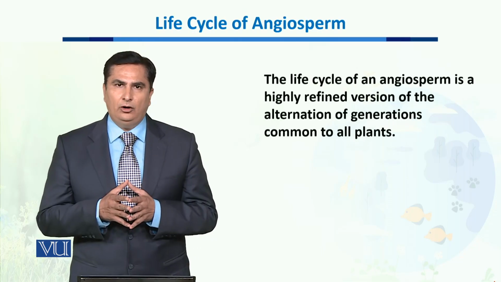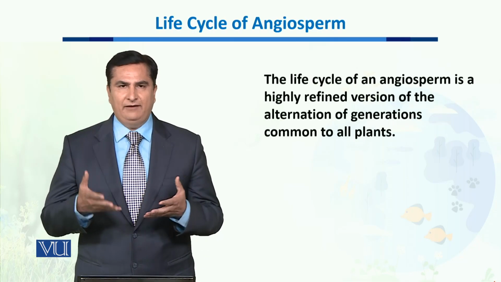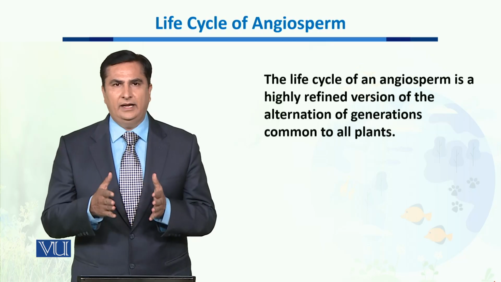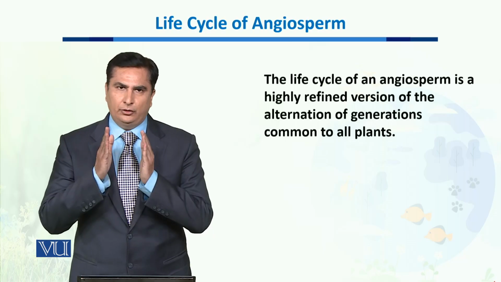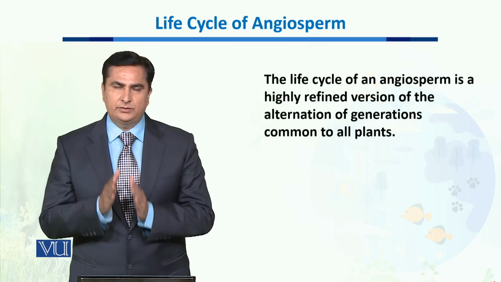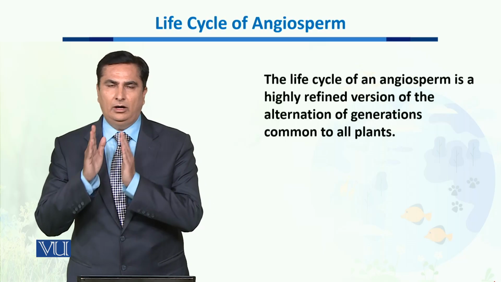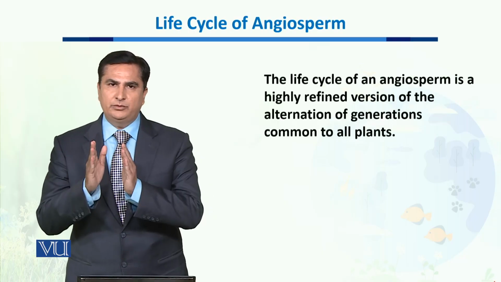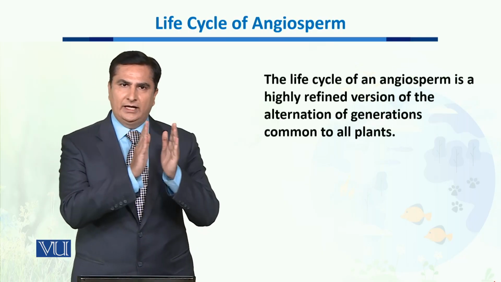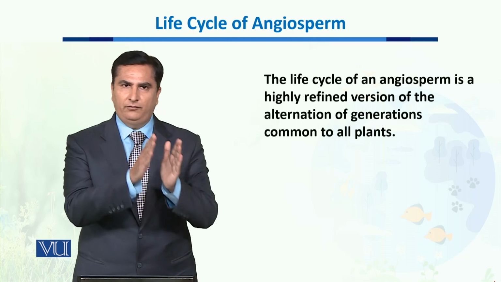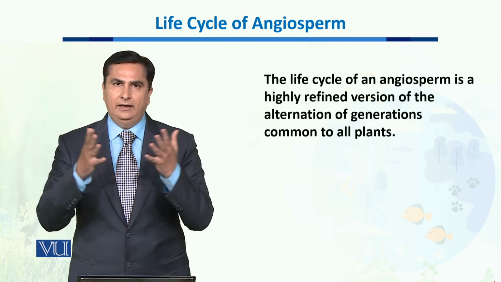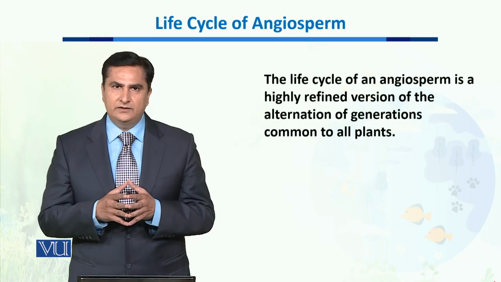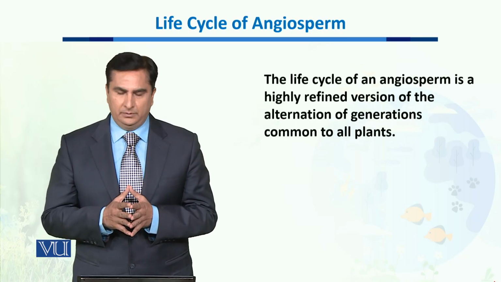The life cycle of angiosperms is a highly refined version of alternation of generations, which is common in all plants. So it means that angiosperms also exhibit alternation of generations, which means the sporophyte gives rise to gametophytes, and then the gametophyte ultimately gives rise to sporophytes and completes the life cycle of angiosperms.